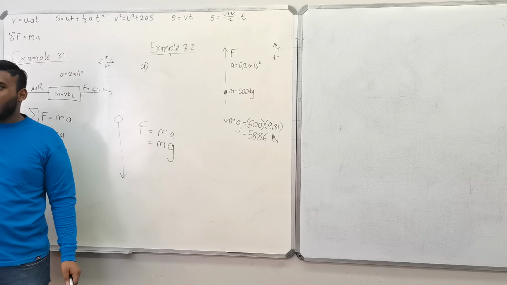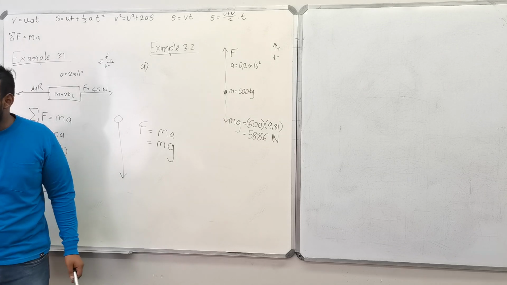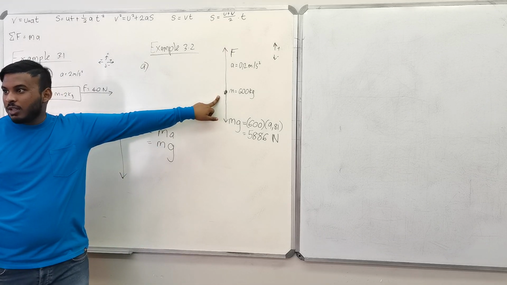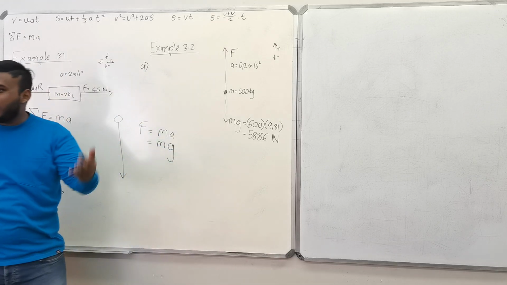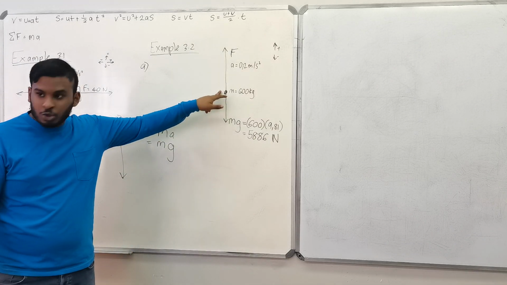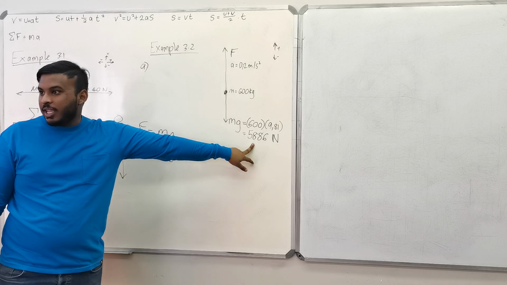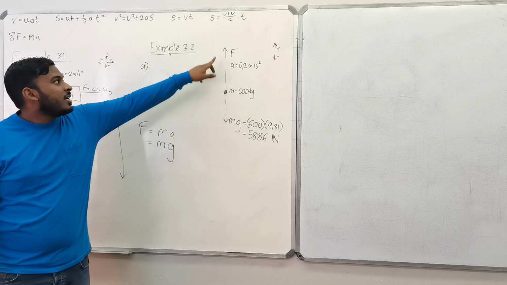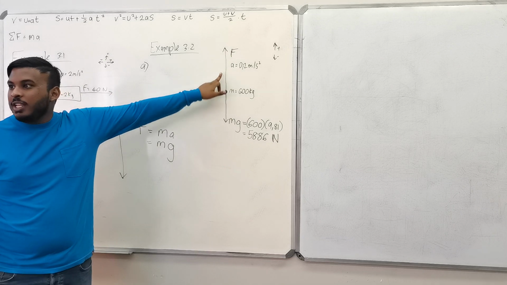Obviously, there's going to be gravitational force, because if this cable wasn't here, what's going to happen to the lift? It's just going to fall. And why would it fall? Because of gravity. And the force of gravity that's pushing this down is 5,886 newtons. This cable is holding it up.